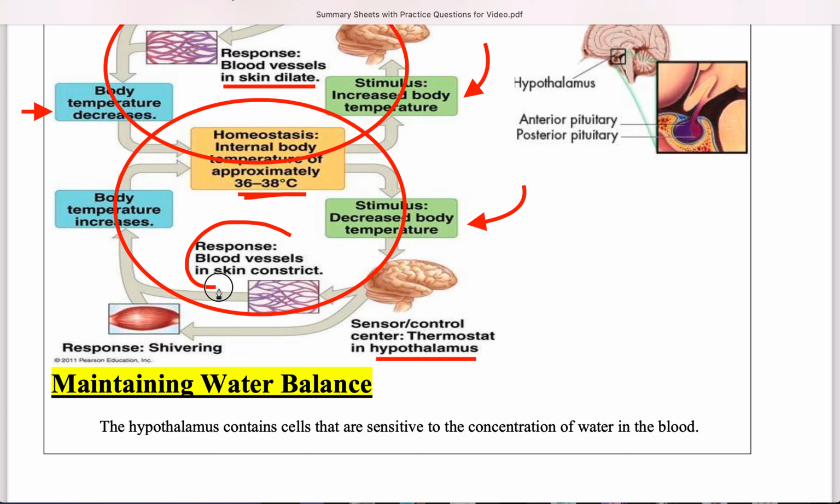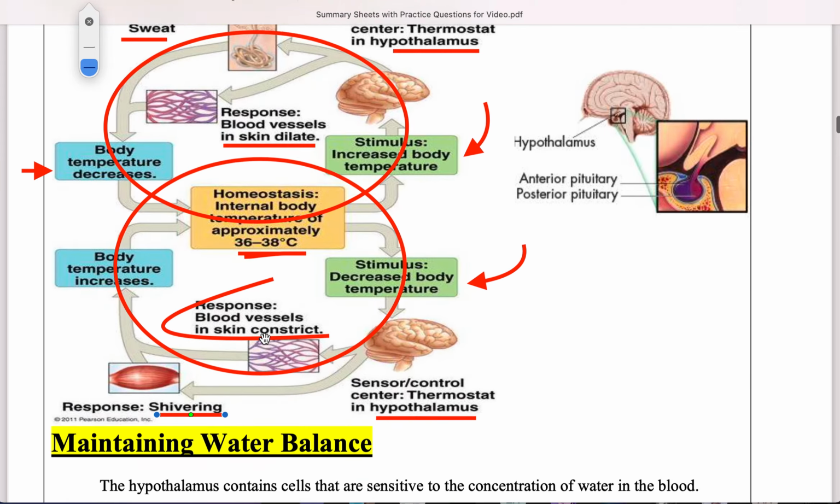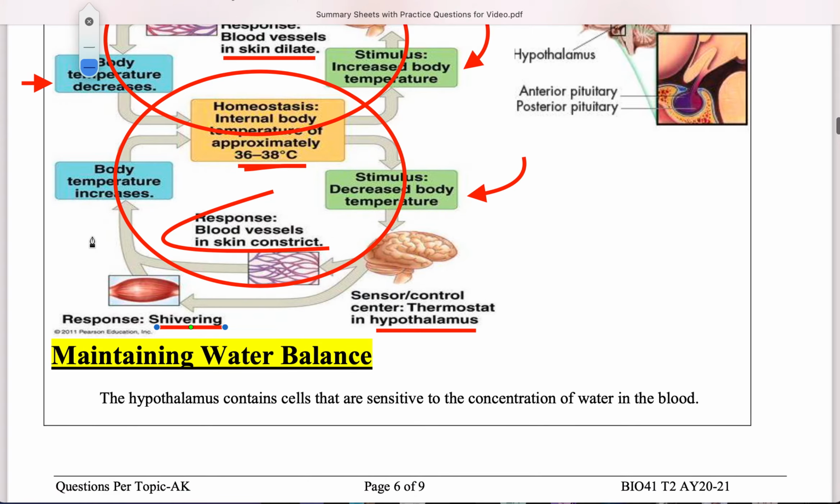The blood vessels now will constrict, not dilate. You have to notice this difference. They will constrict, and then we have shivering. So before it was sweat, now it is shivering, and then the body temperature comes back to original.